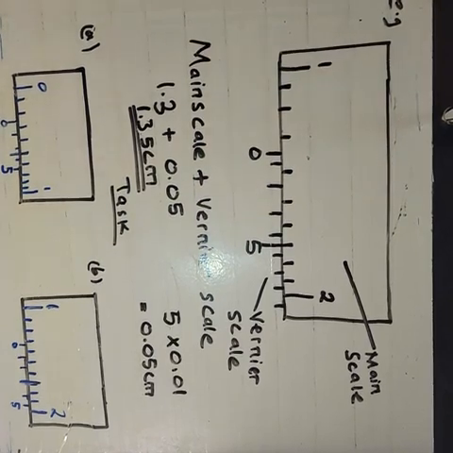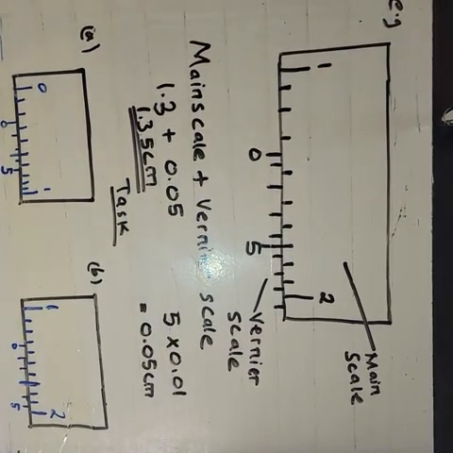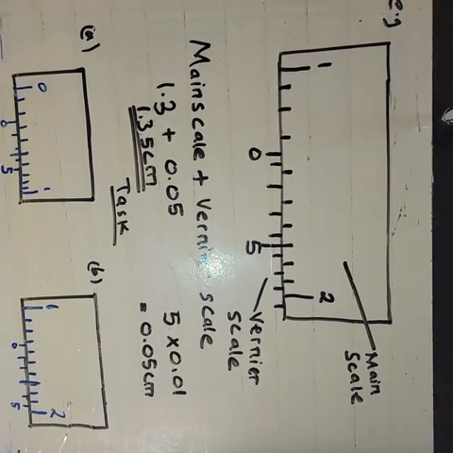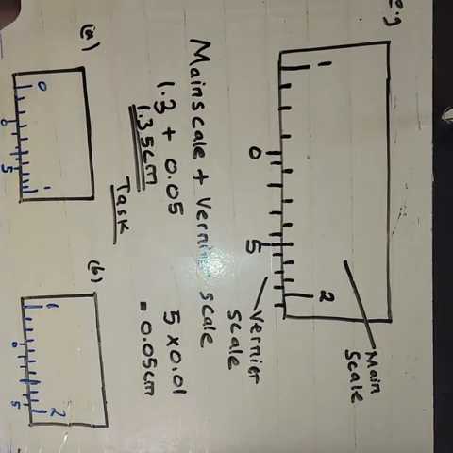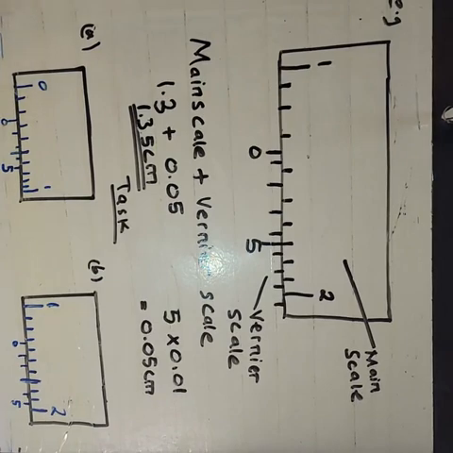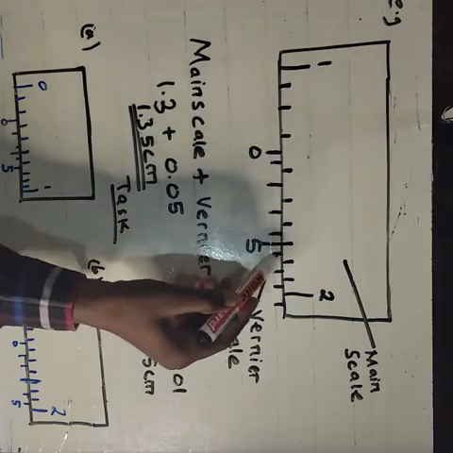Okay, so this is the example we have there. So how do we calculate? Like we said, we read the main scale just before the zero mark of the Vernier scale, and then on the Vernier scale, we check where the lines are meeting.